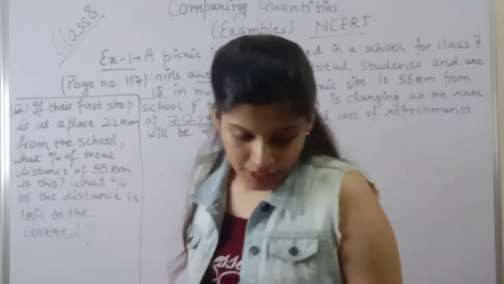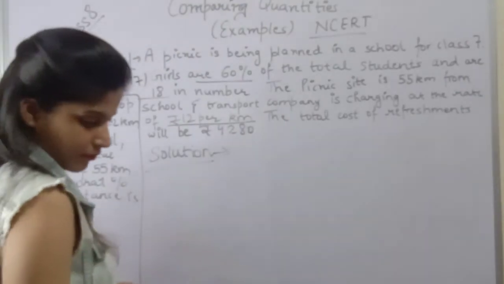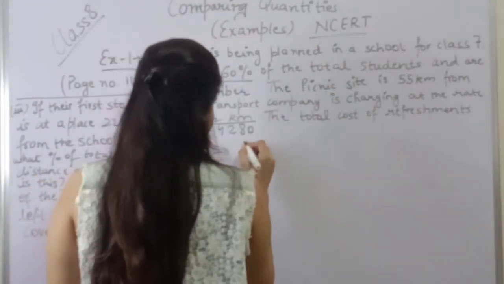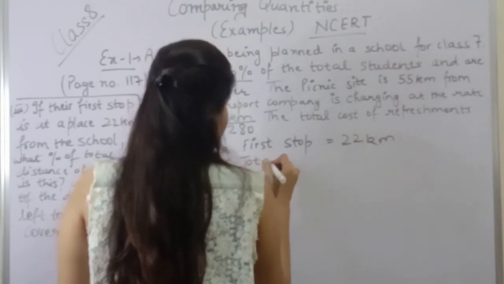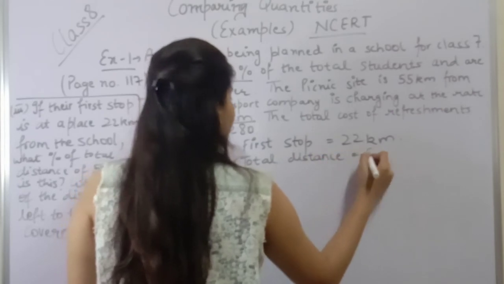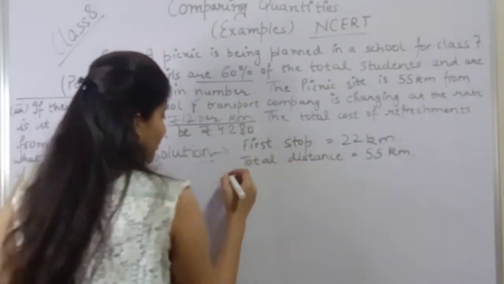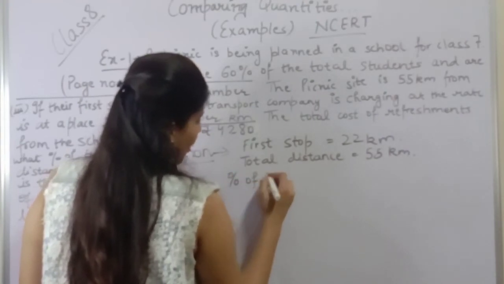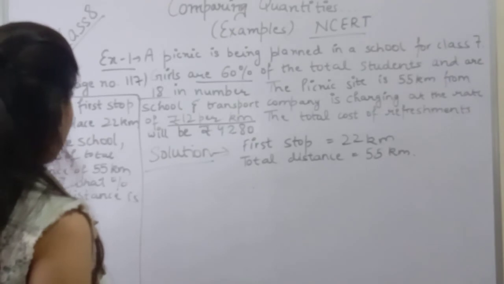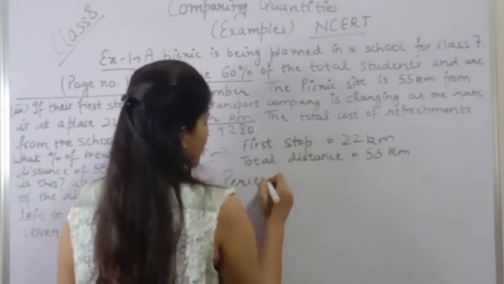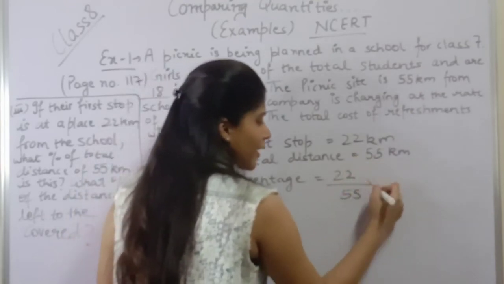So this is very easy. How will we calculate this? Their first stop is at 22 kilometers and the total distance is the one-sided distance, children, 55 kilometers. Okay, because here one side is being talked about, we will not multiply by 2 now. So the percentage equals, first we write how much is covered, 22 upon the total, which always comes in the denominator, so 55 into 100.